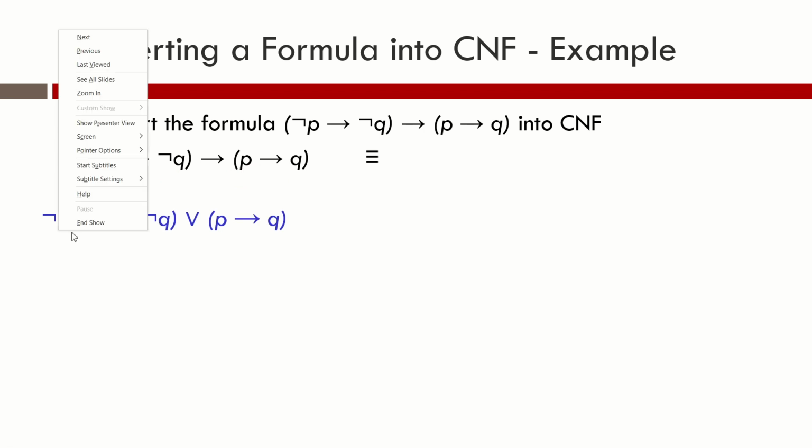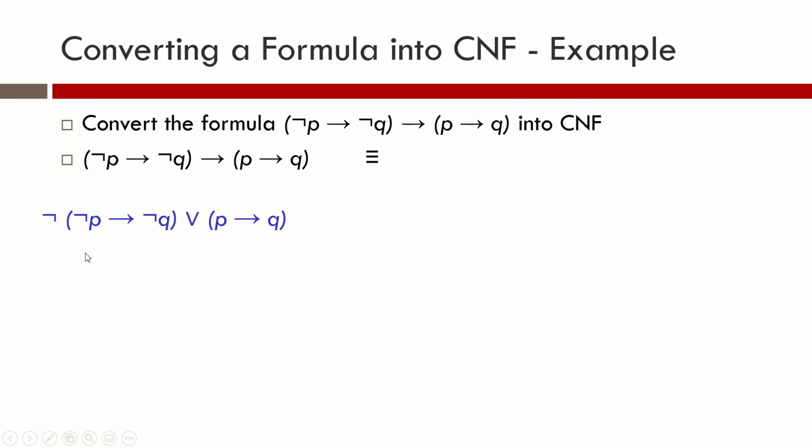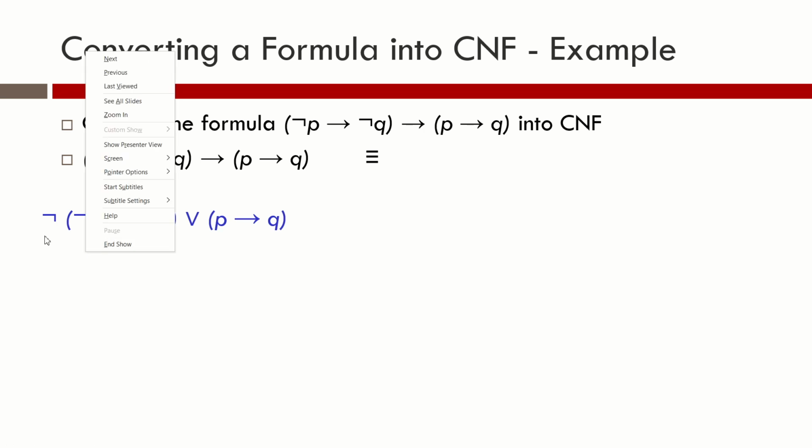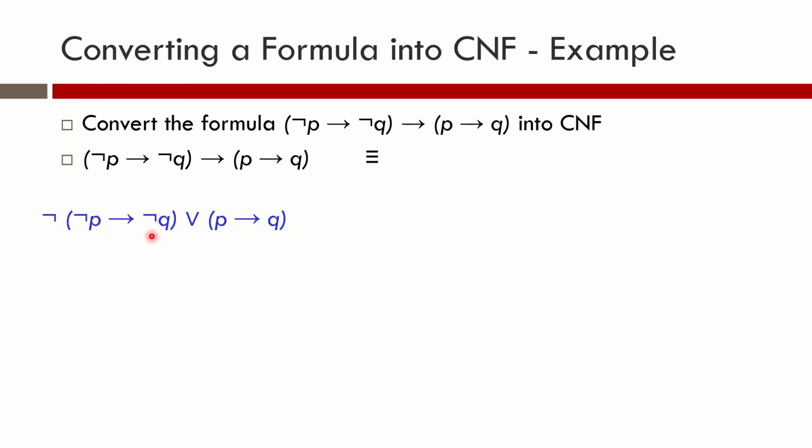See, negation of (negation P implies negation Q) or (P implies Q). Now it is not done because here again we have implies operators. This also has to be eliminated.